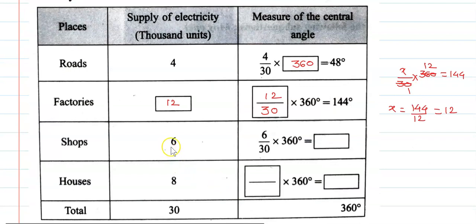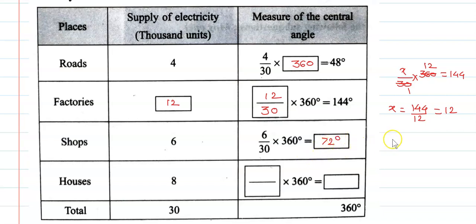Next, shops 6, supply of electricity 6 upon 30. Okay. And 6 upon 30 into 360. Then 6 into 12, therefore here you will get 72.